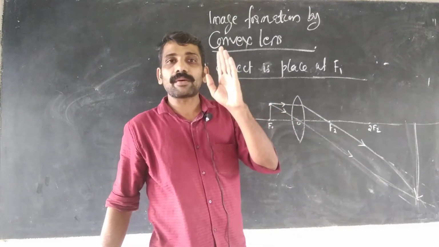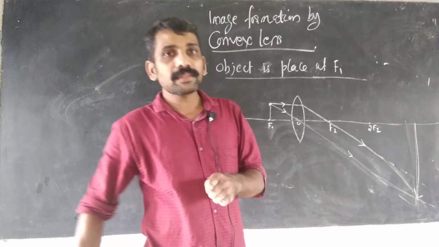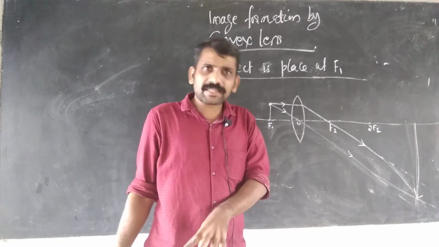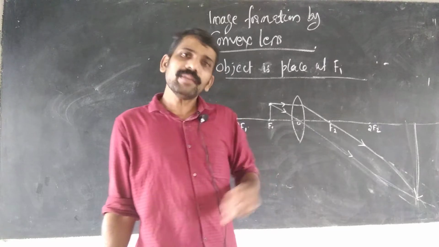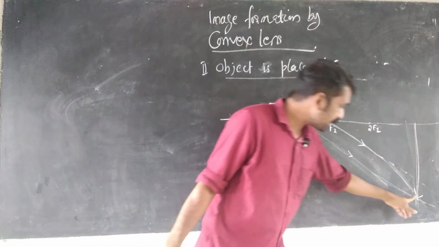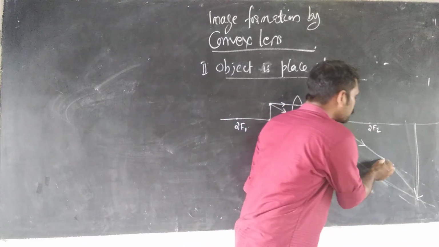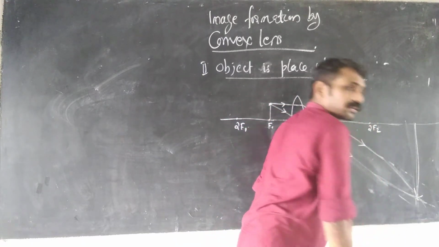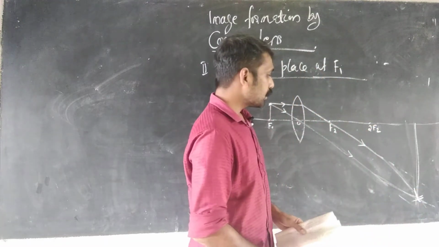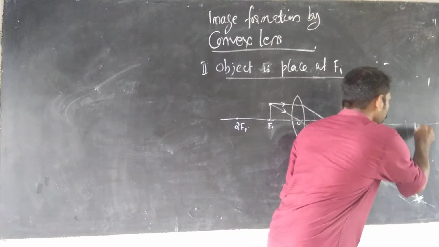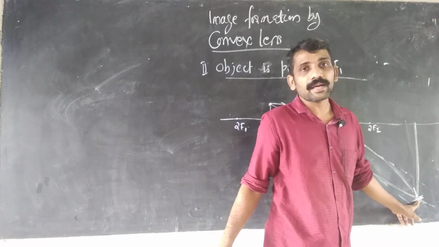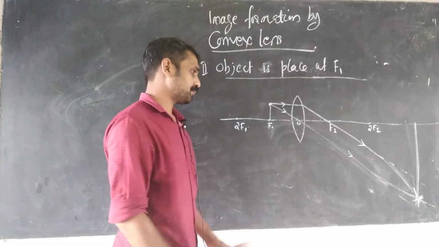Generally, two rays which are passing parallel will not intersect. They will intersect at infinity. Suppose this point is infinity, then these two rays intersect. Then the image is formed here, and the size of the image will be very high.